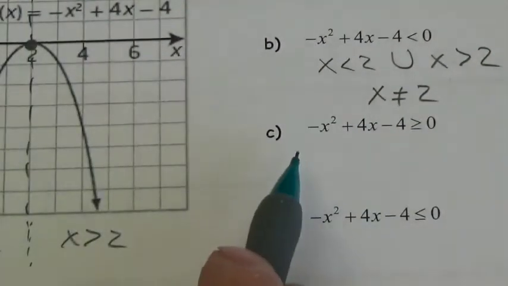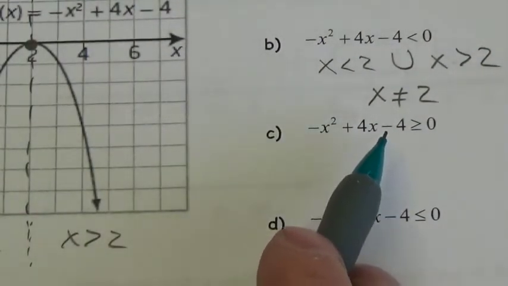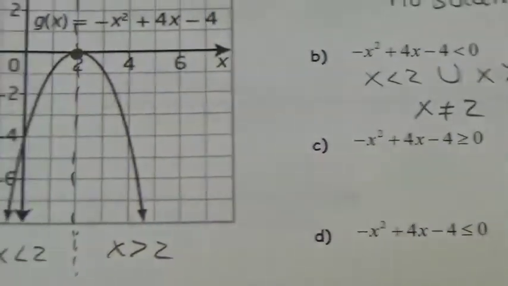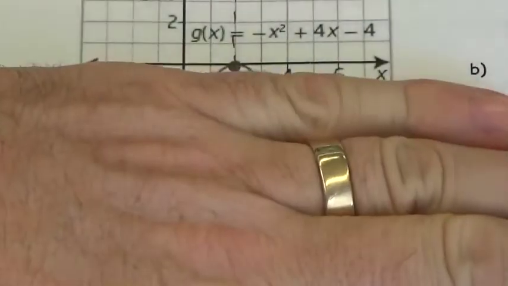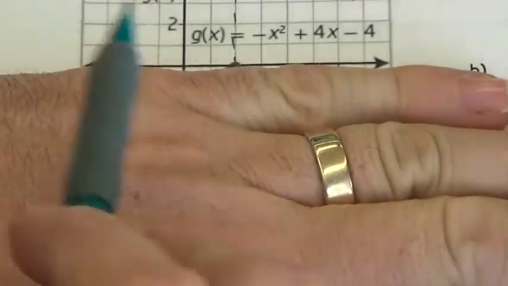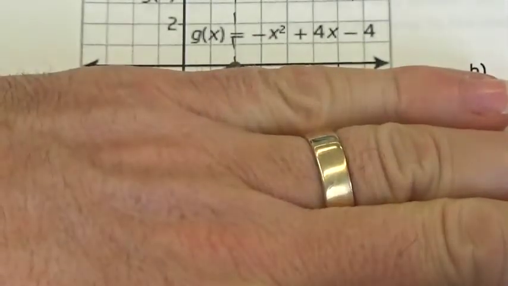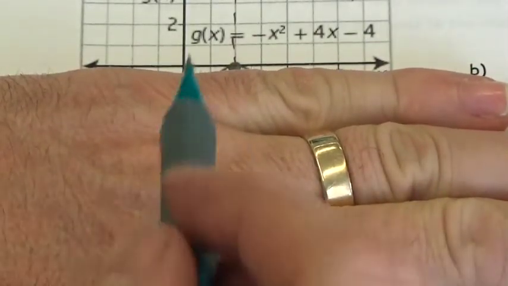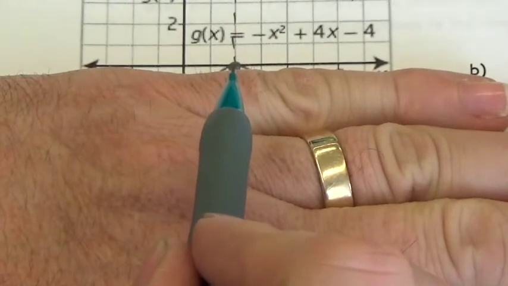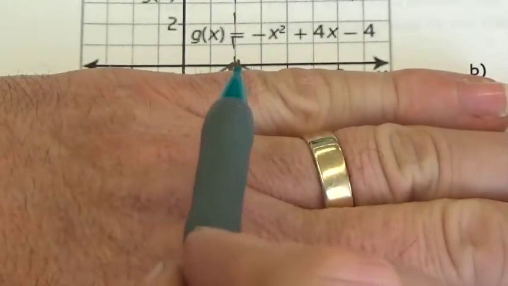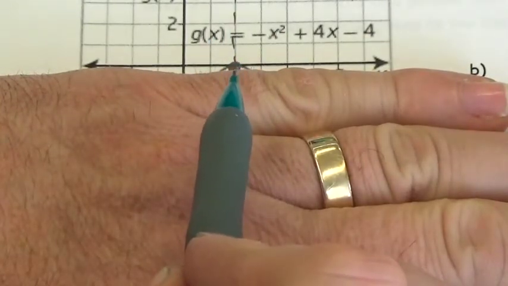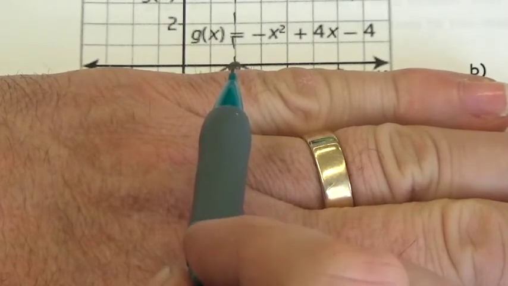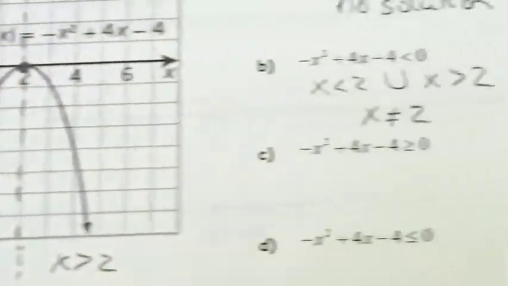Now let's take a look at this one. -x squared plus 4x minus 4 is greater than or equal to 0. Well, we've already gone through this where we covered up and we saw that there was no graph above the x-axis. But if I just let myself see the x-axis, because this is "or equal to," I notice that there is a dot right there. Now, there's nothing else, just that dot, just that one number.